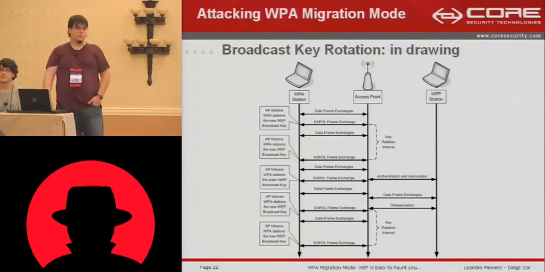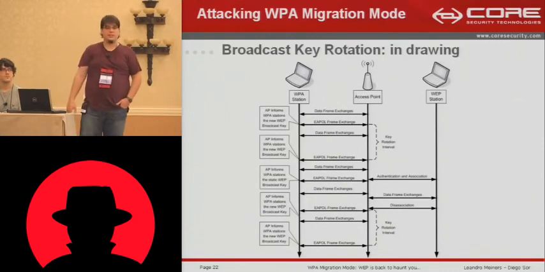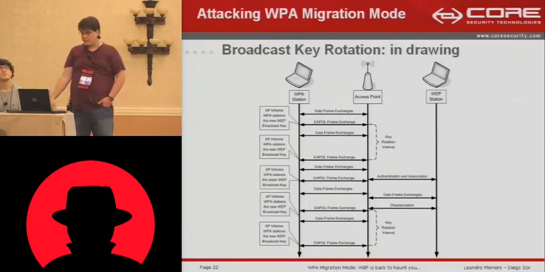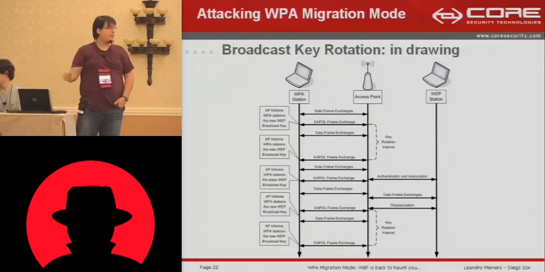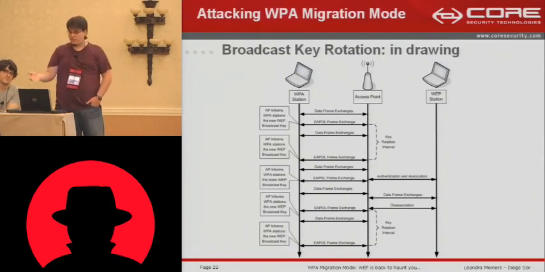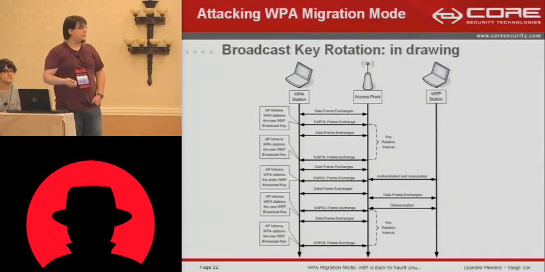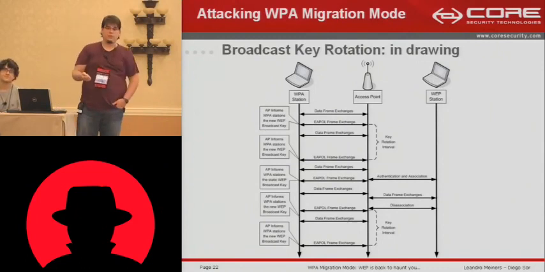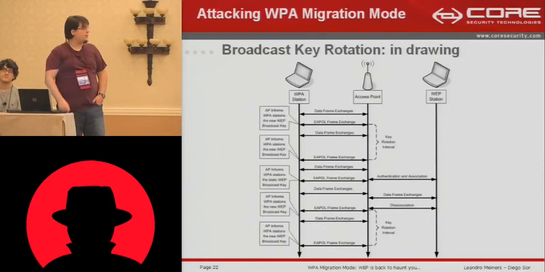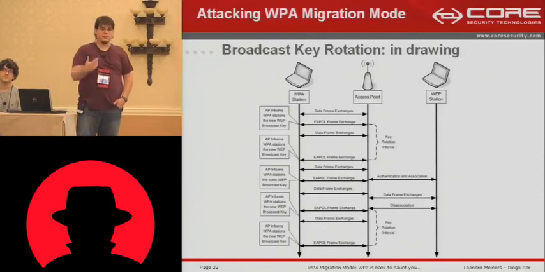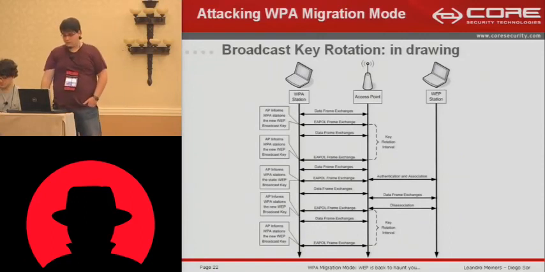And now all of the WPA stations have a new broadcast key, which is random and was picked by the AP. So then normal communications keep on going. And after a certain period of time, the key interval expires, so you have to rotate the key, and a new key is chosen by the AP and sent to all WPA stations so that they can decrypt the broadcast traffic using this new key.